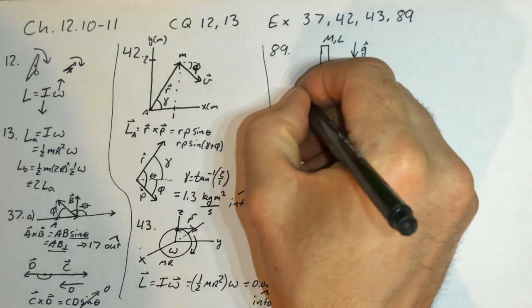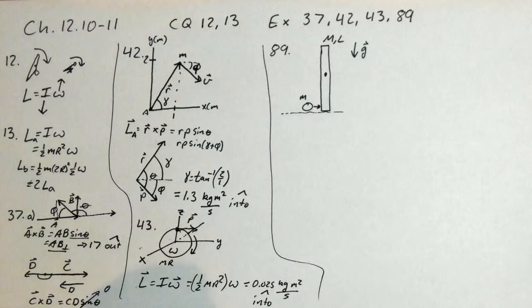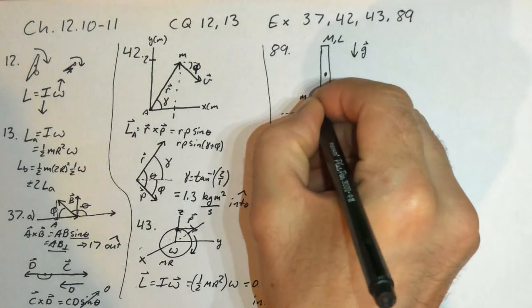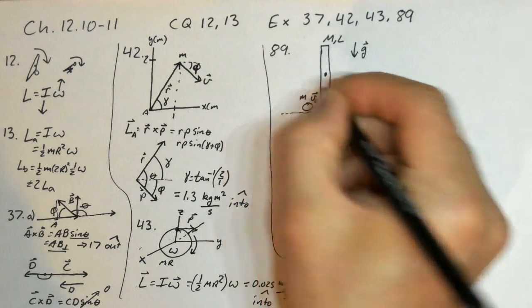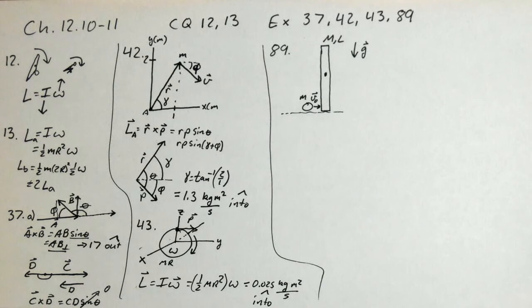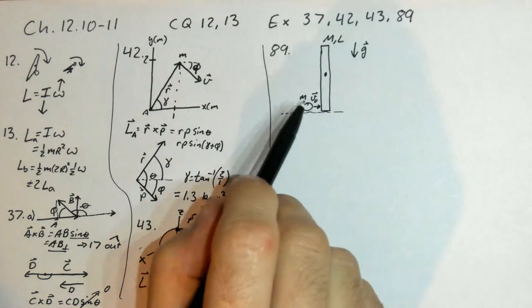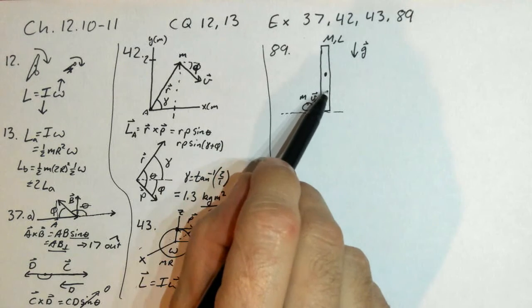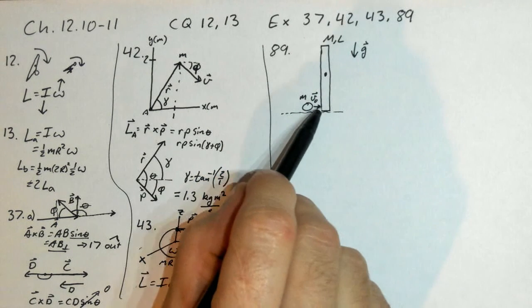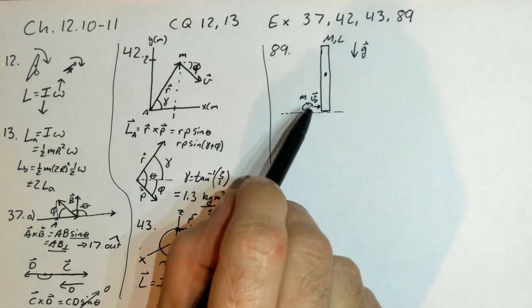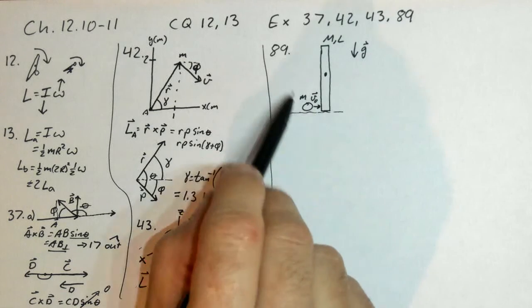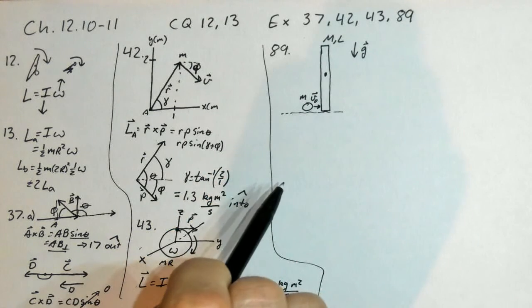This blob of clay has a mass of 10 grams and an initial velocity of 2.5 meters per second. All those are given. Now the question is how fast is this rotating after the ball of clay hits and sticks to it? So what is the angular speed of this system right after the collision?